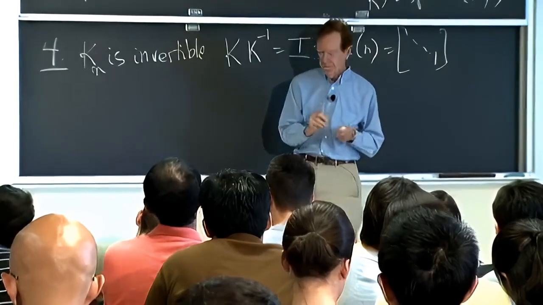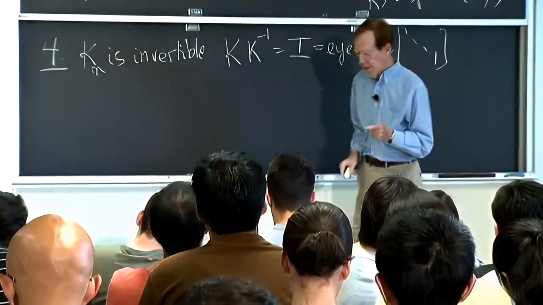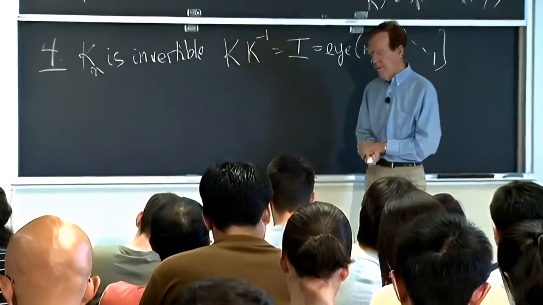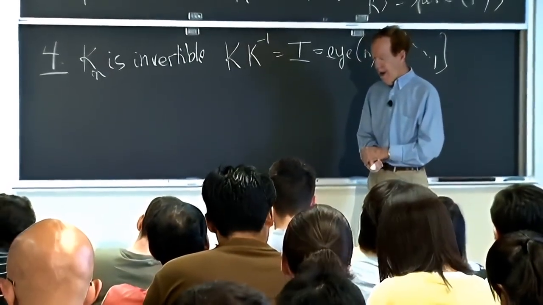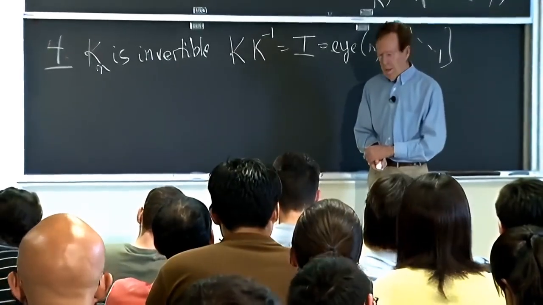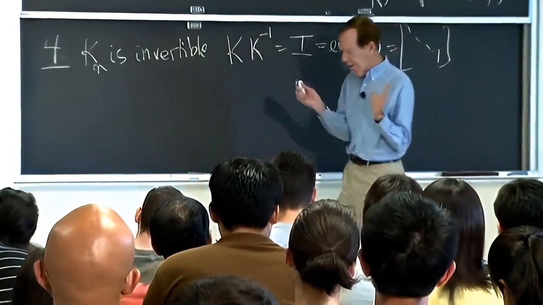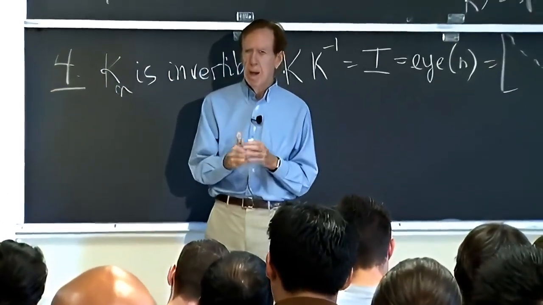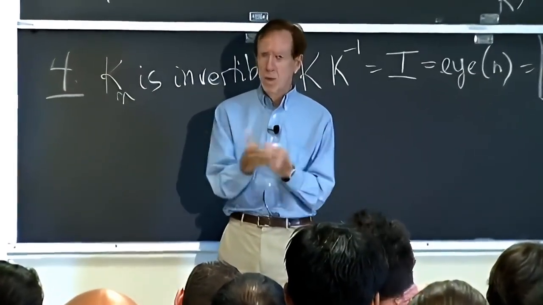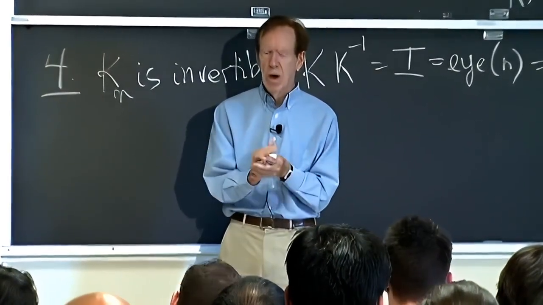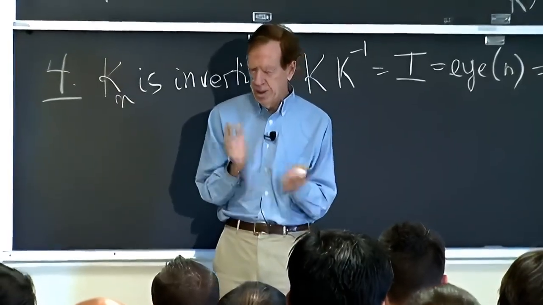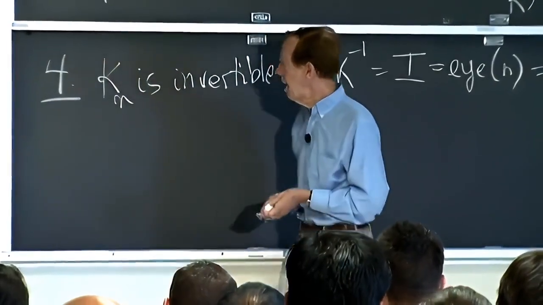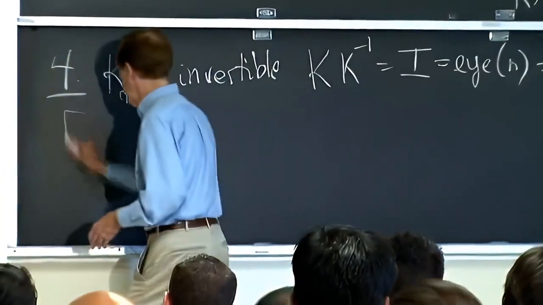So what would I do? I would row reduce. That's the standard, the default option in linear algebra. If you don't know what to do with a matrix, if you want to see what's going on, row reduce. What does that mean? Shall I try it?